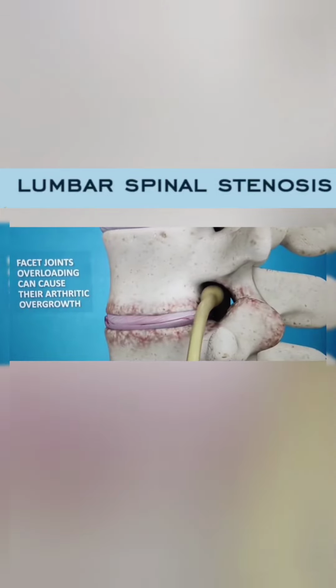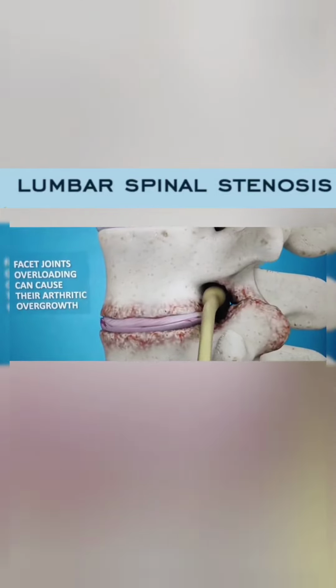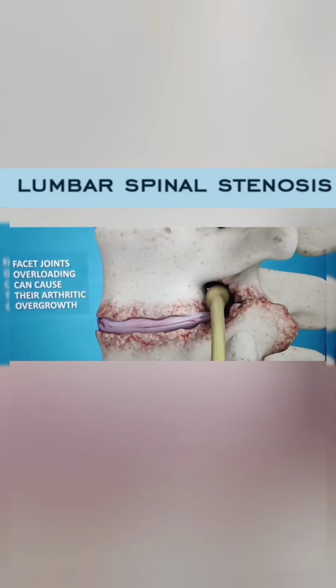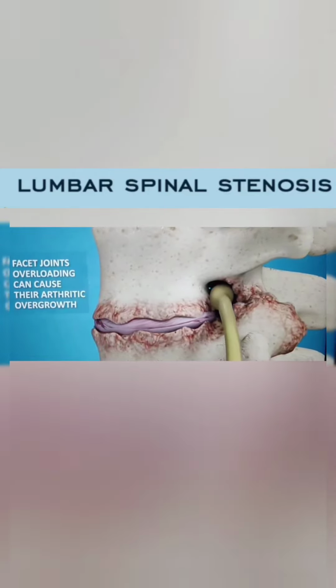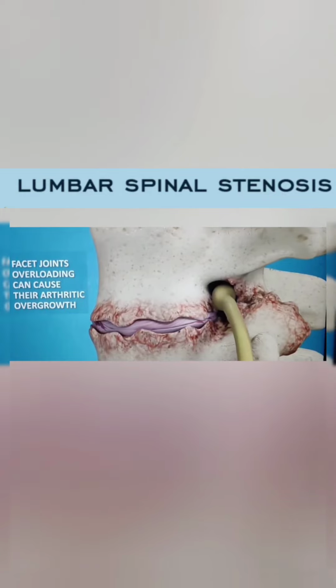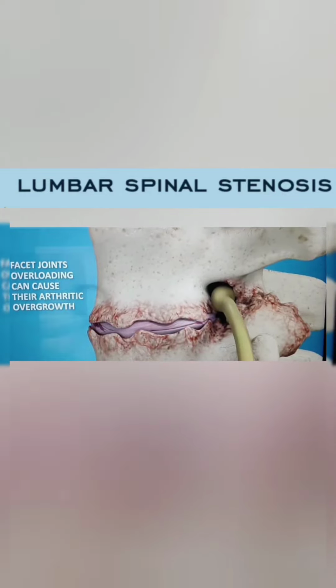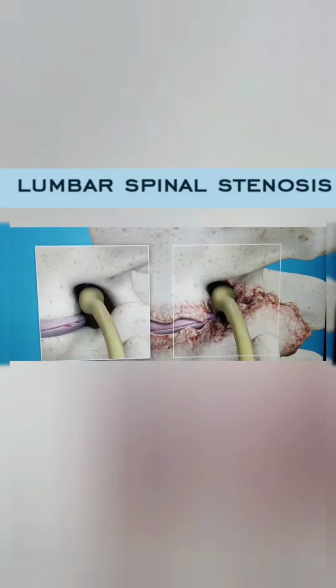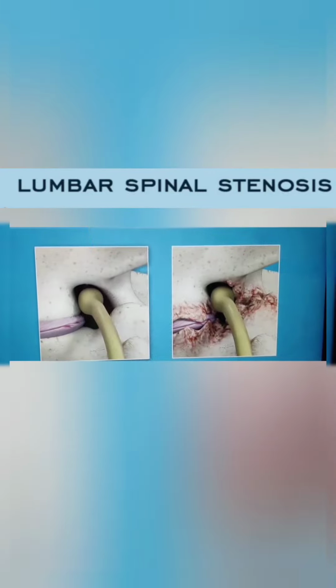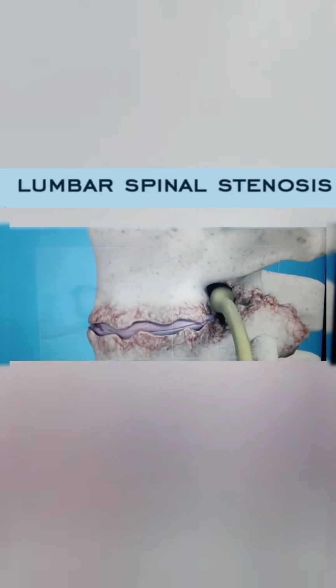The stenosis or narrowing of the canal causes a pressure on the spinal cord or the nerve roots that exit from the spinal cord to the muscles, resulting in the pain or cramping experienced in the legs by the patient when standing for prolonged periods or while walking.